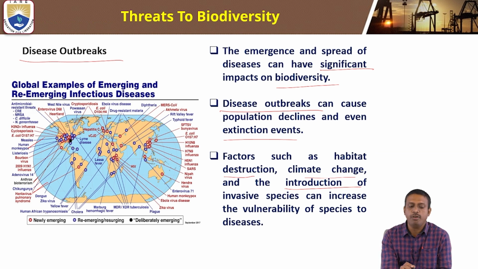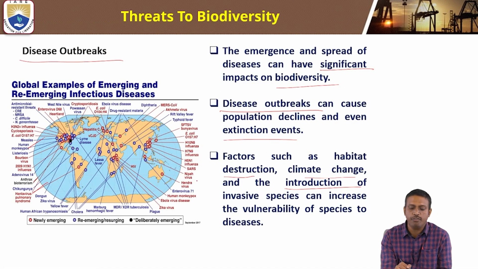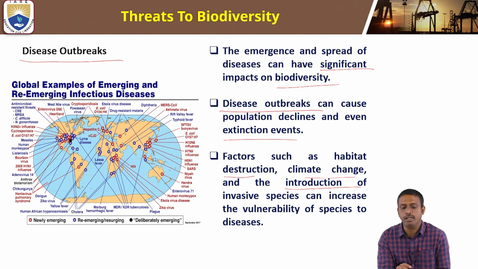Others include Rift Valley fever, Nipah virus, Hendra virus, human monkeypox, Zika virus, and plague. All these are newly emerging, re-emerging, or resurging diseases that are spreading at the global level.